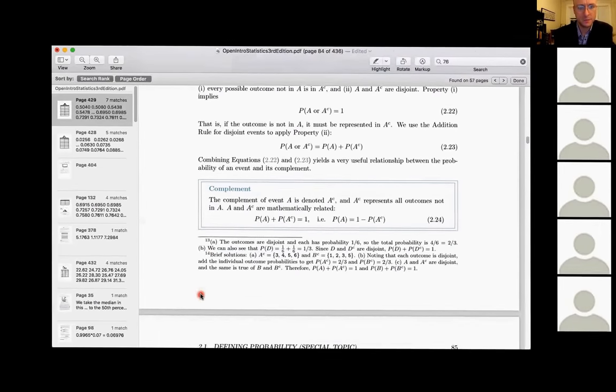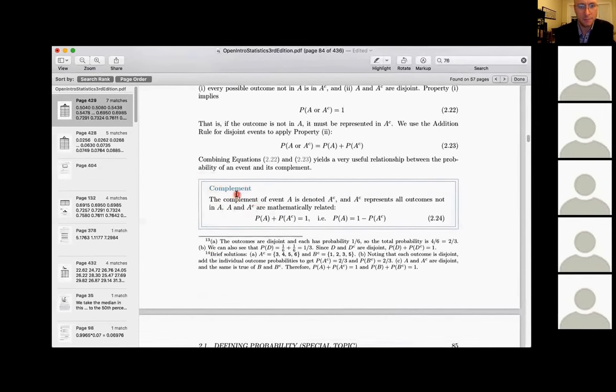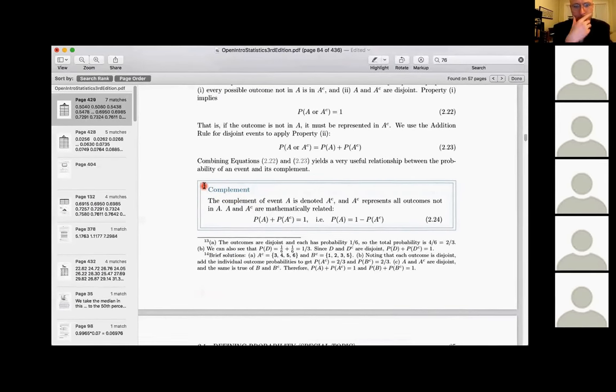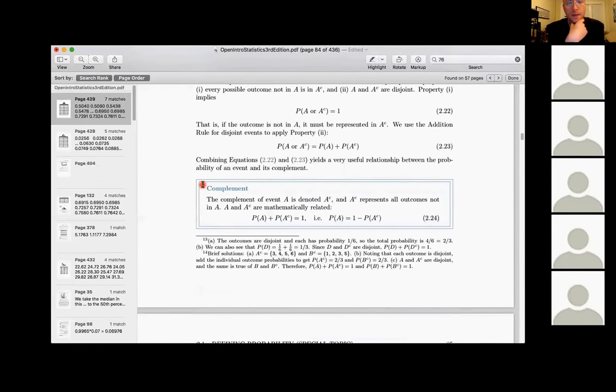The next concept I want you to remember is this idea of a complement. I almost alluded to it. This looks more complicated here, but essentially you have the probability of an event, and you also have the probability of the non-event.